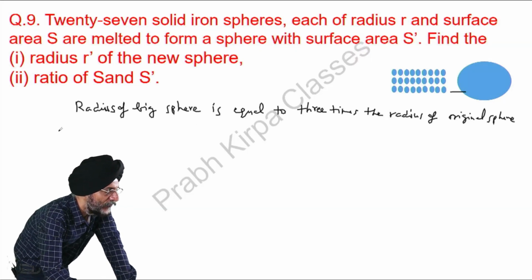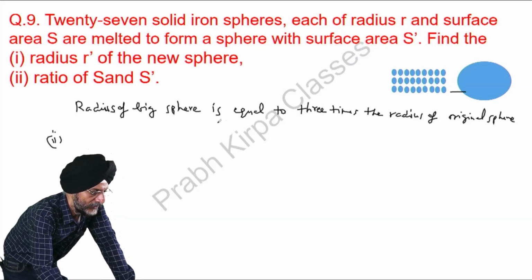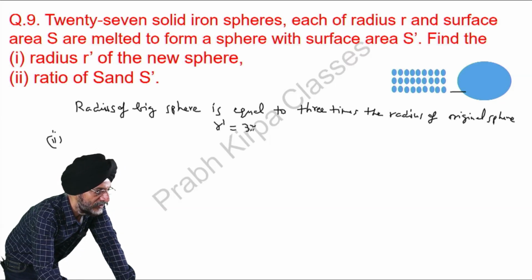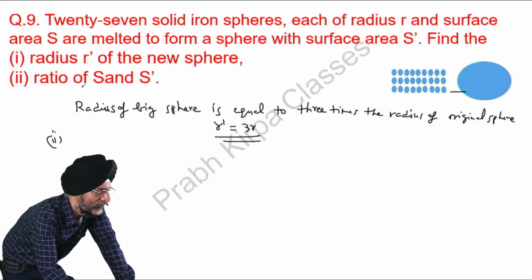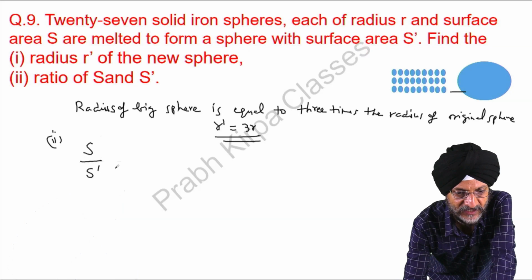Now what is the other question before us? First, we have calculated that r dash is equal to 3r. This is the first answer. Now we have to calculate the ratio of s and s dash.